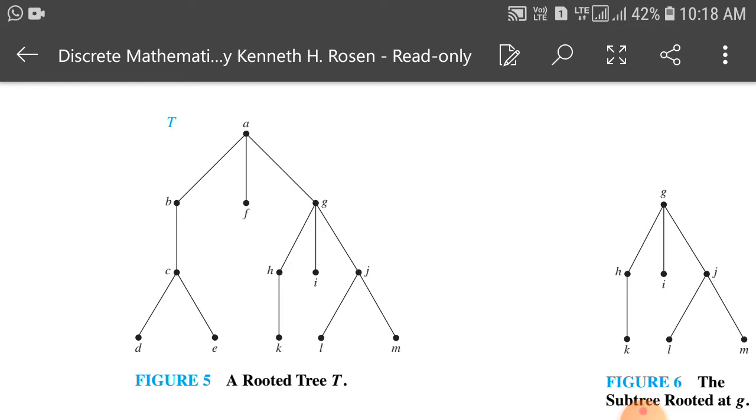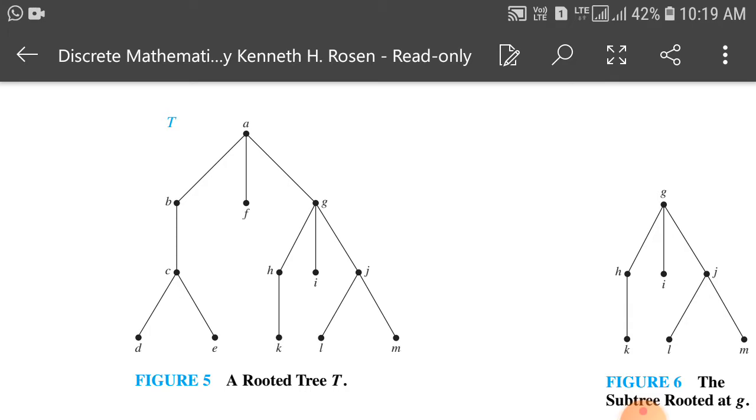Internal vertices means they have another vertex adjacent to them below. We can define the leaves later.